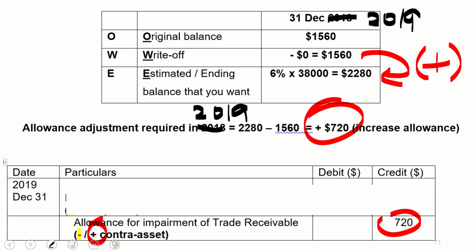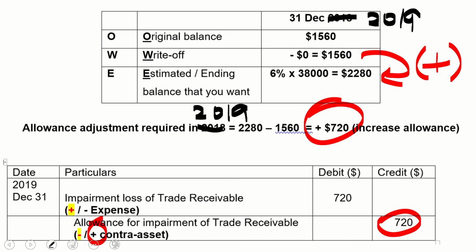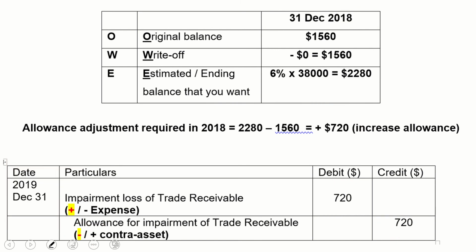And when you increase your contra asset, you will record this as a credit. Secondly, since allowance increases, impairment loss also increases. You have more losses because you need to set aside more money for people who cannot pay you. So you will increase your impairment loss. And this is the double entry that you will record. You may pause here if you need some time to think.